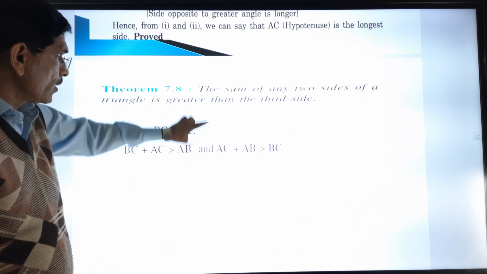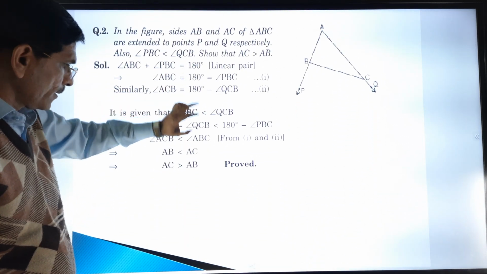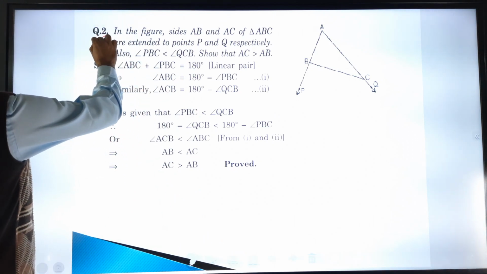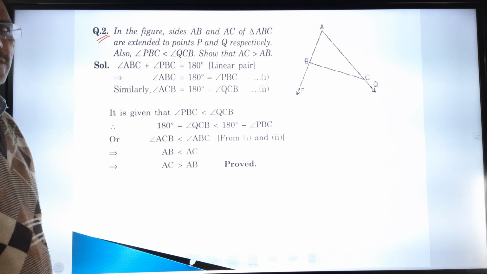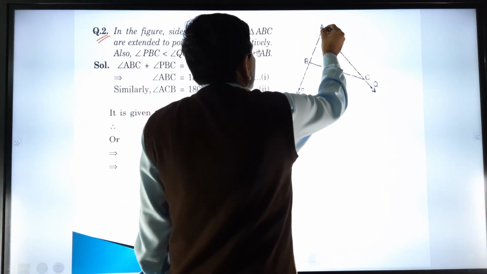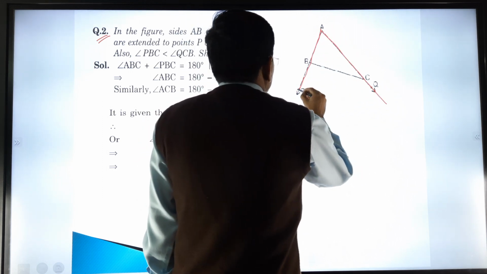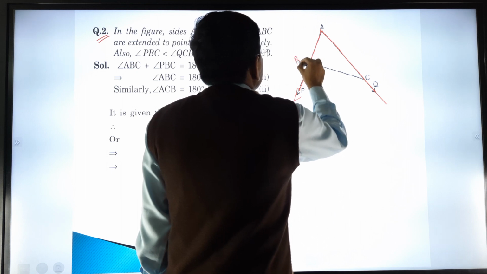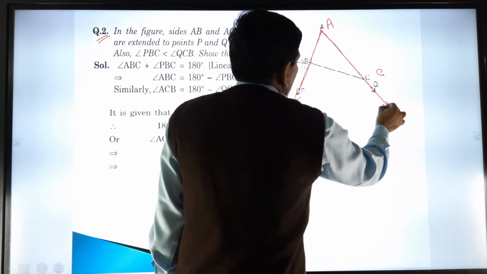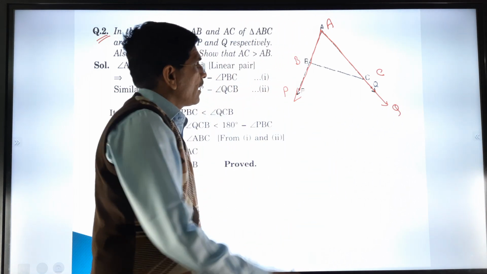Now we go for question number 2. Important thing is, whatever is in the question, we have to first understand it and then always draw the necessary figure. Every time in geometry we have to draw the figure properly to get half marks.